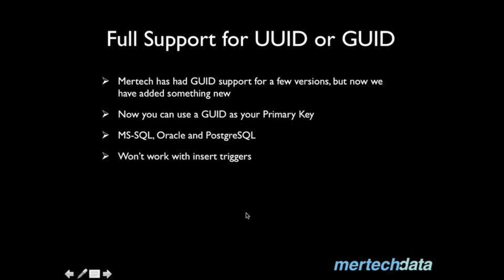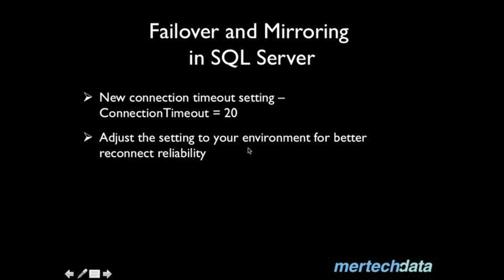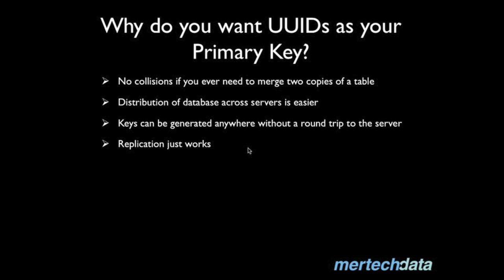Now, why might you want to use a GUID? Well, there's a few reasons this ends up being something you'll want to take a look at. One of them is that if you ever have a situation where you need to merge two copies of a table, it ends up being really useful to have a GUID column in there because it gives you your uniqueness no matter what.